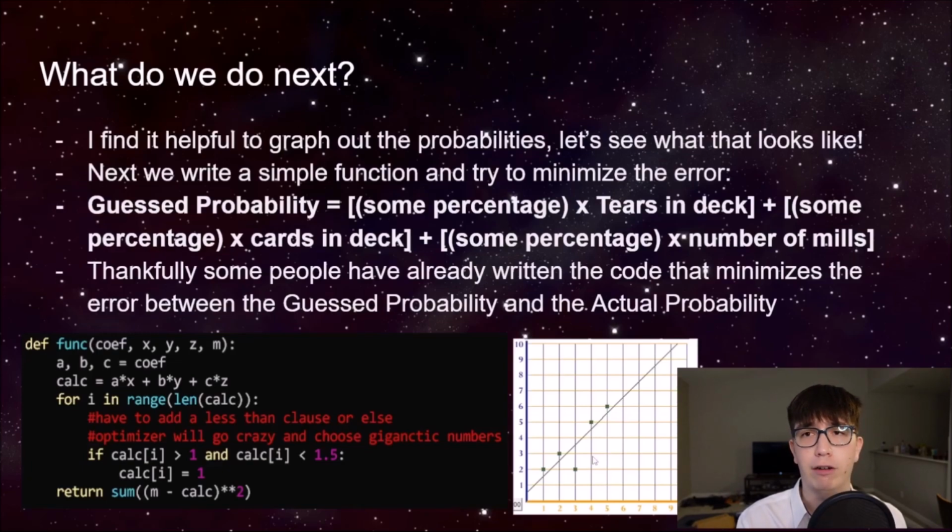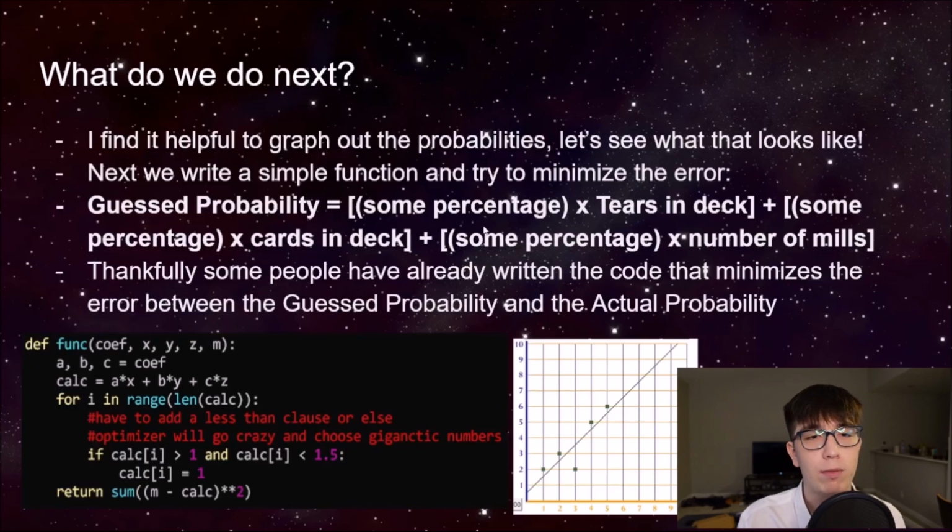Now I have this picture down here. I don't know if you remember, maybe in middle school or high school, you did these things called lines of best fit, where you had some points on a graph, and you tried to draw a line through all of them to make them as close as possible. And that's exactly what we're doing here. We just have more dimensions, more variables, right? And so I said, okay, I think we can multiply three numbers and add them together, right?